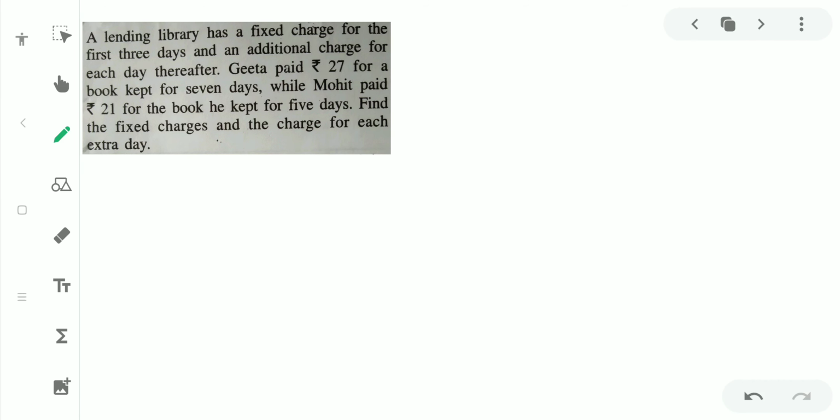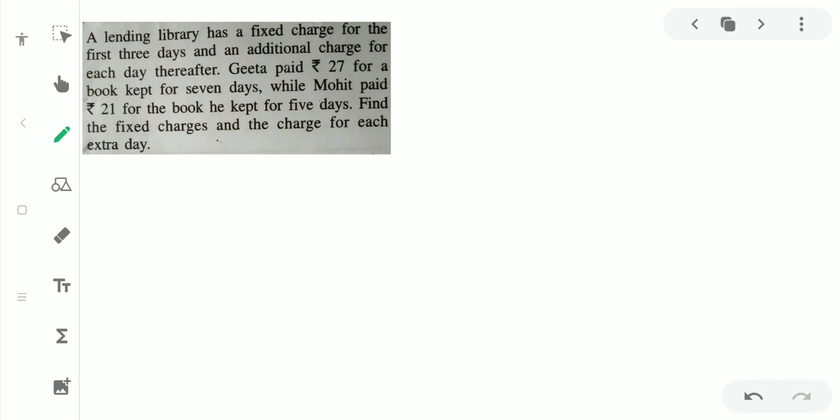A lending library has a fixed charge for the first 3 days and an additional charge for each day thereafter, meaning for the next day after the 3rd day, that is the 4th day, 5th day, 6th day and so on.